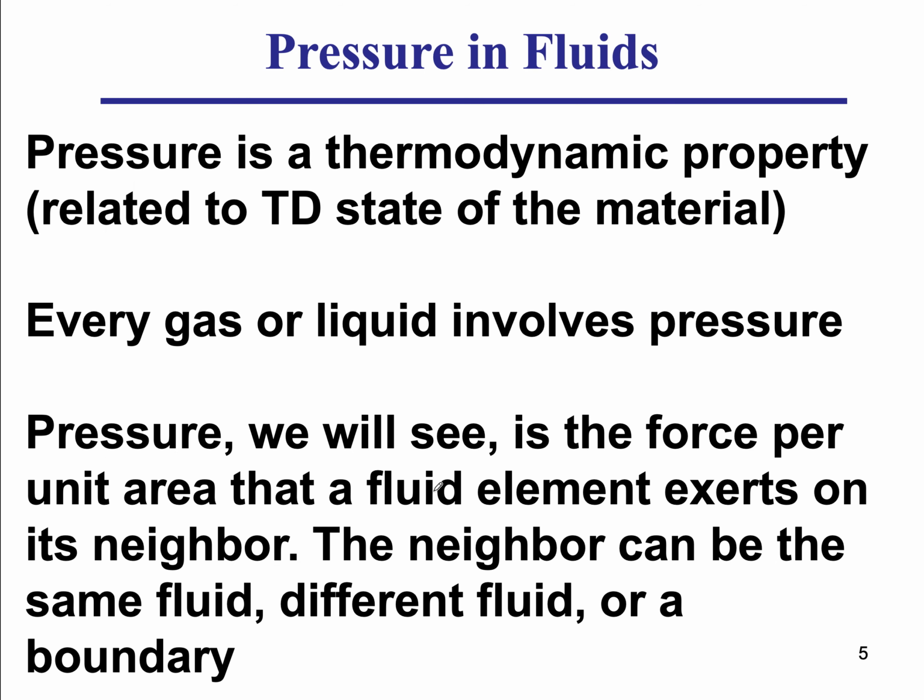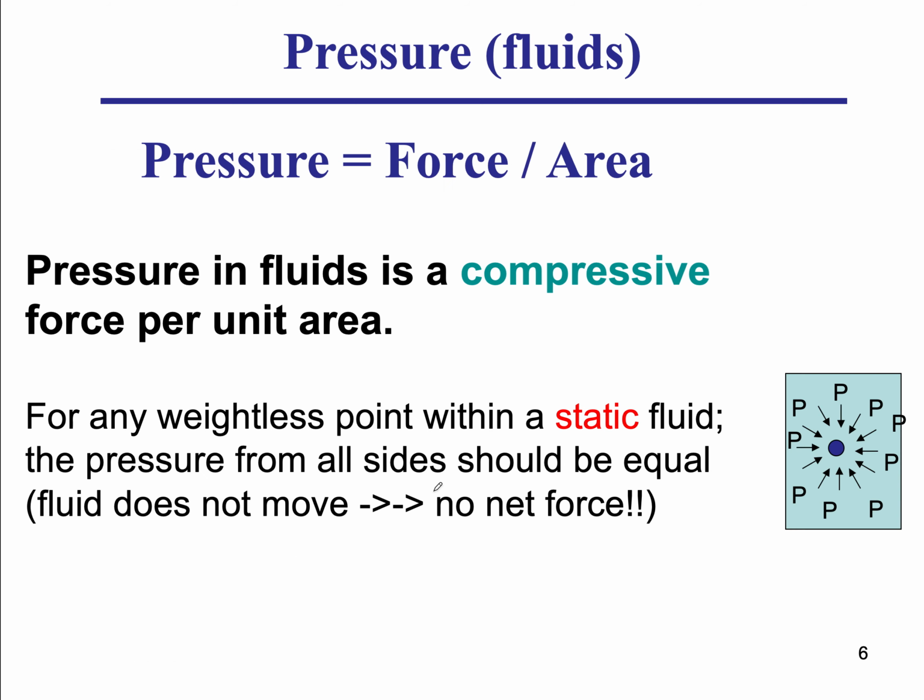And we've also learned in the previous chapter that pressure is a thermodynamic property, and it helps us tell what the state of the material is. And when we're dealing with gases and liquids, we do have internal pressures. So pressure has units of Newton per meter square. So it's a force per unit area. It's a stress.